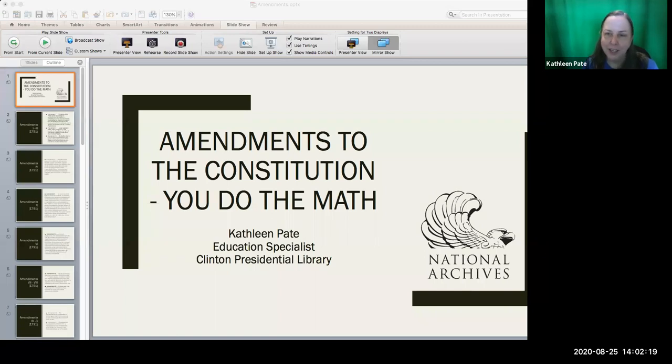At the end, you decide if you think I provided sufficient evidence to support my hypothesis. I'm not going to tell you what it is until the end, because I just want to do a quick review of the amendments to the Constitution. We know the Constitution was written after the states decided that the Articles of Confederation were not working.